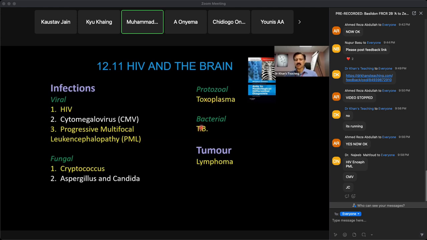Ring enhancing lesions we have seen, along with other stigmata of TB. Lymphoma you have done. So all of these things you have to remember. The case which I have shown you is either HIV encephalitis or CMV encephalitis, dirty white matter. So we have to see the cases of PML and the case of Cryptococcus.